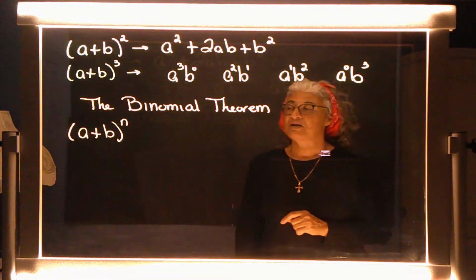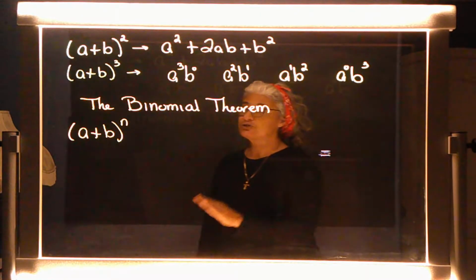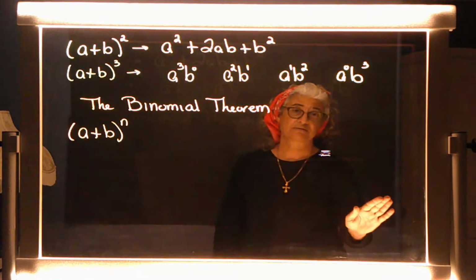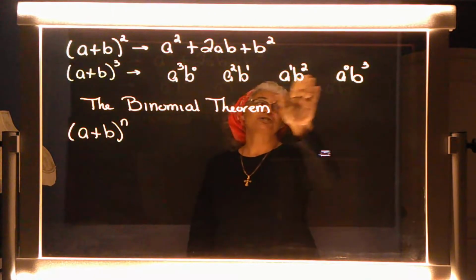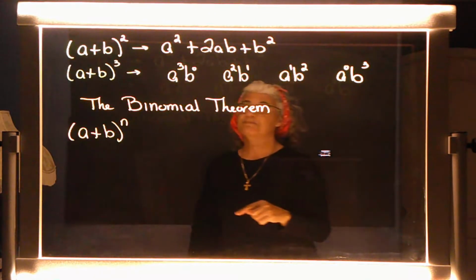Got it? Okay. Now, here's the first thing I'm going to do. First thing I'm going to do is write down my terms, just like here, I wrote down my terms, and then I'll go in and fill in those coefficients.